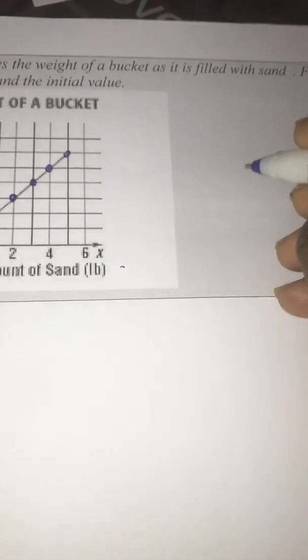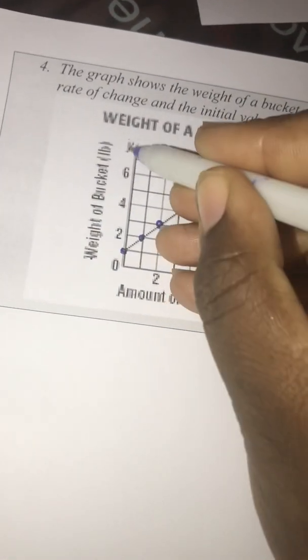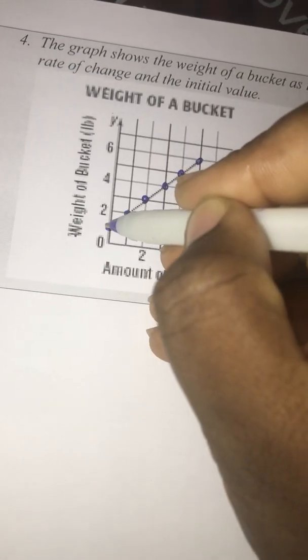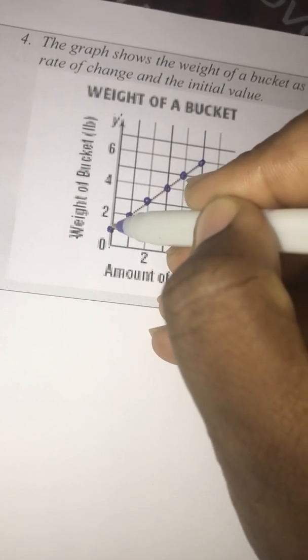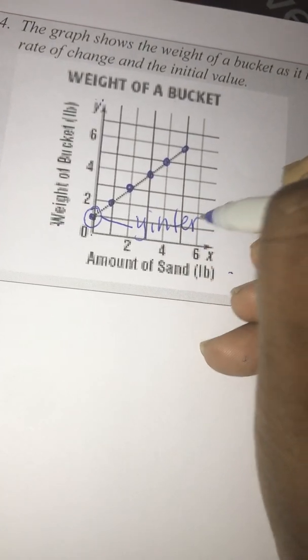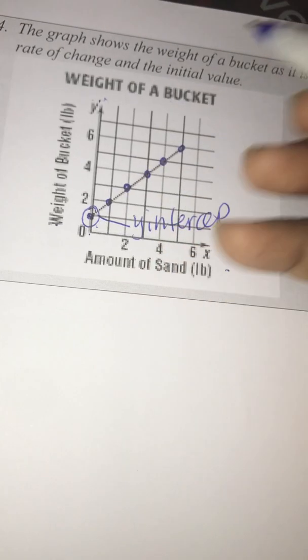So 0, 1. 0, 1 is the initial value, so I can write it there. I told you the graph, together with your y-axis, where they meet, that is the y-intercept. Where your graph meets the y-axis is the y-intercept.